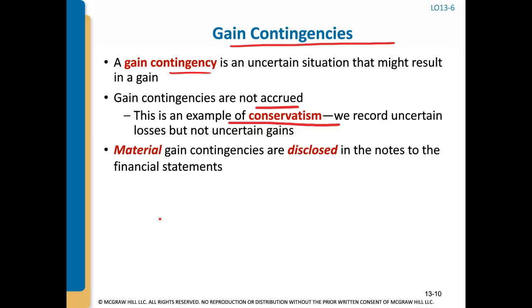In accounting and US GAAP, we have to be conservative. And so we do record uncertain losses, but uncertain gains just are not recorded at all, even if they are probable. And if a gain looks to be material, meaning it could potentially affect a decision made by the user of the financial statement, then that potential gain should be disclosed in the notes to the financial statements.